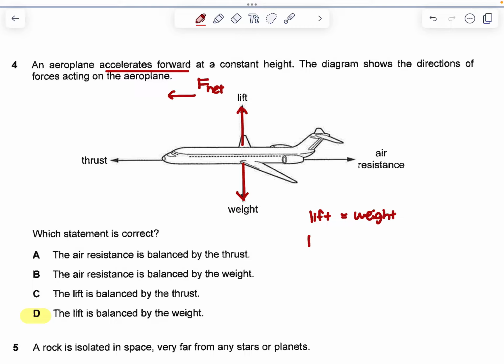Since F net is non-zero, F net should be equal to the thrust minus the air resistance, and should be more than 0. That's why acceleration is more than 0. So option D. The lift is balanced by the weight.